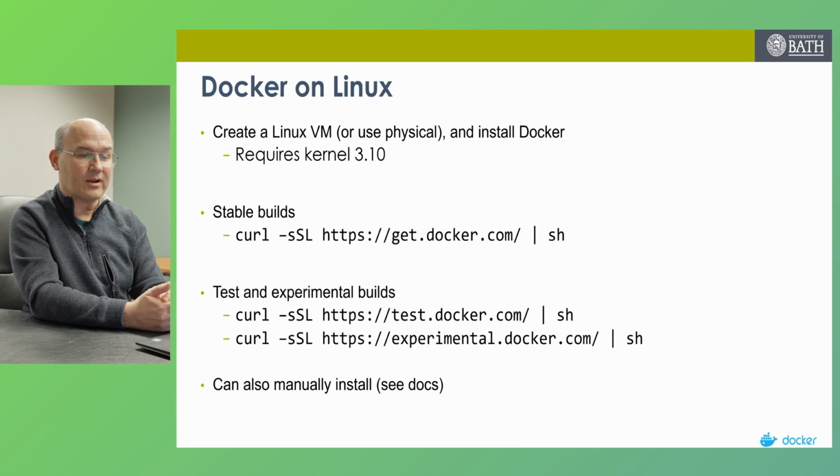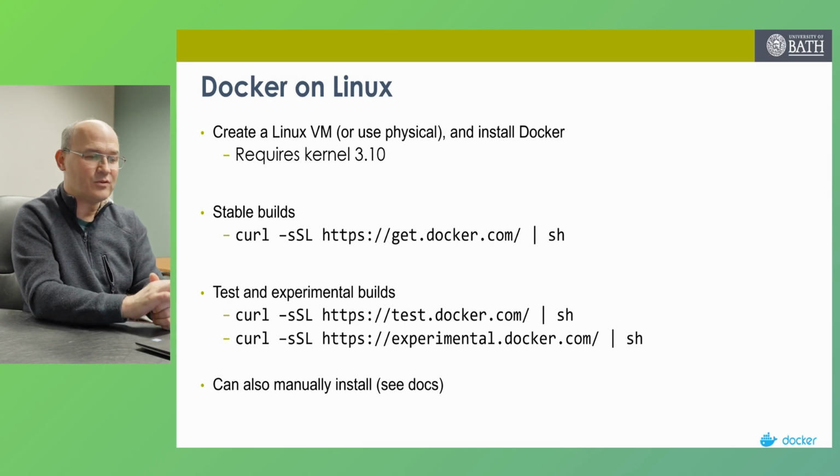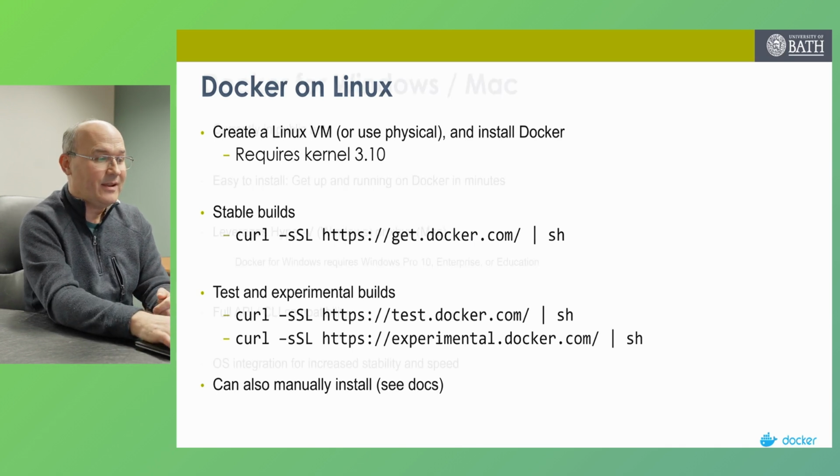You can install it via curl to get the latest Docker and pipe it to SH to install on Linux. You can also test and install experimental builds using these two commands here. And you can also install it manually by going to docs.docker.com and following the installation instructions.